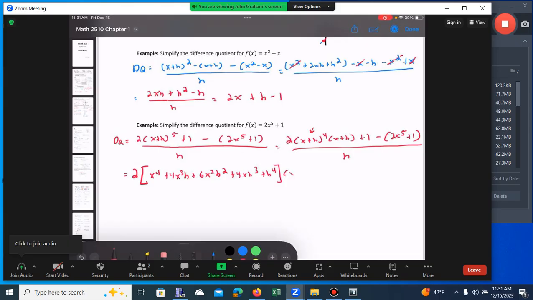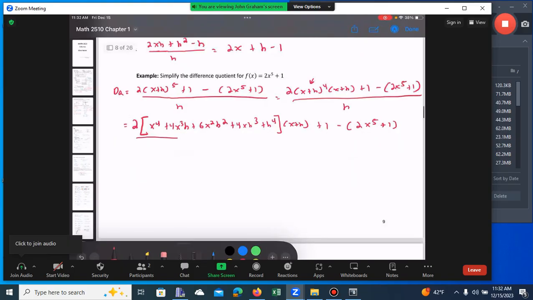And that's going to multiply x plus h. And then we'll plus 1 minus 2x to the fifth plus 1, again, all this over h.